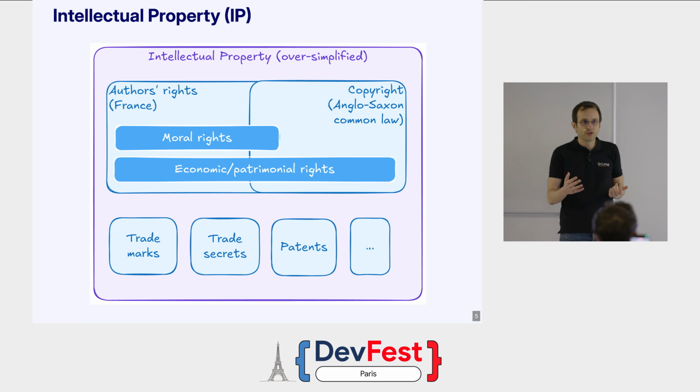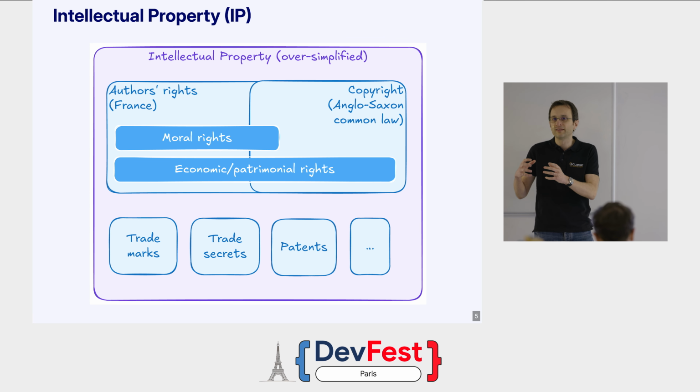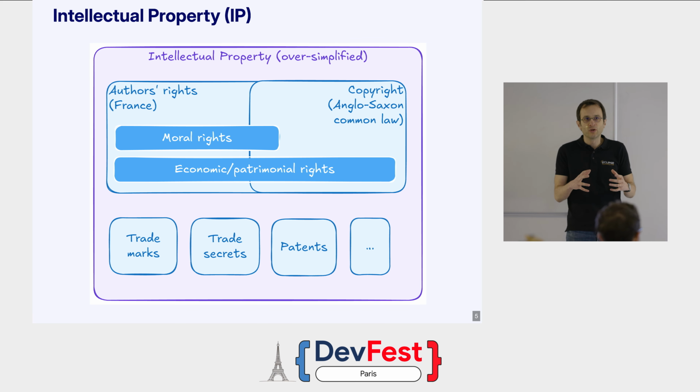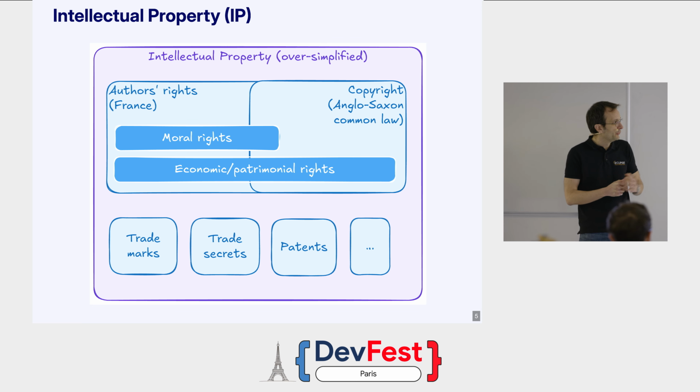So when you work for a company, the moral rights you cannot give up. You cannot sell them, you cannot give them away. When you do something, we cannot refuse you the right to say, this has been done by me. But when you work for someone and sell something under copyright law, you give your patrimonial rights, your economic rights.